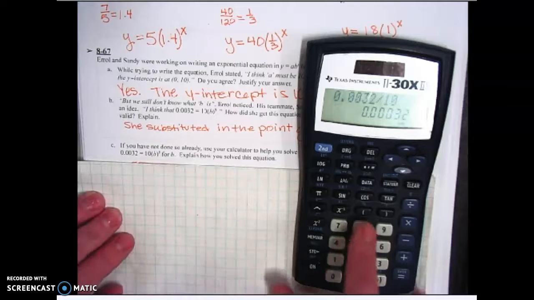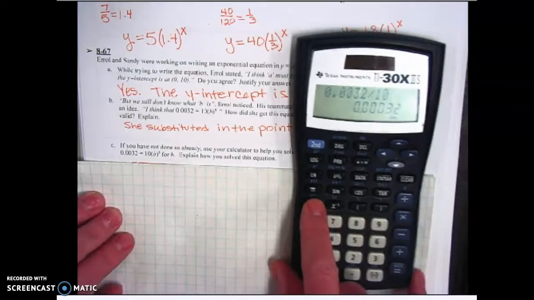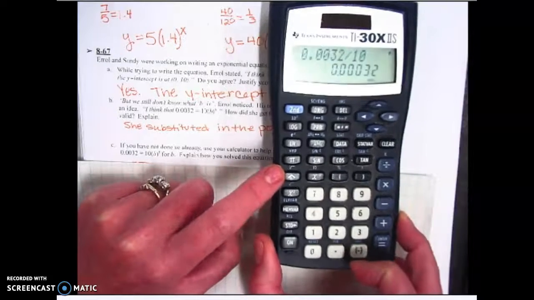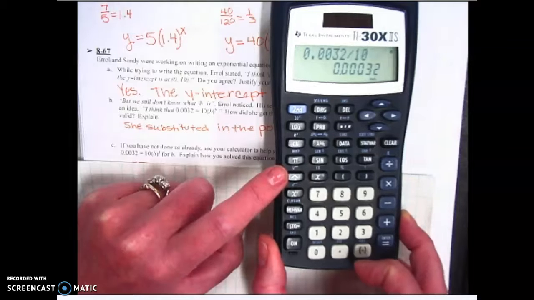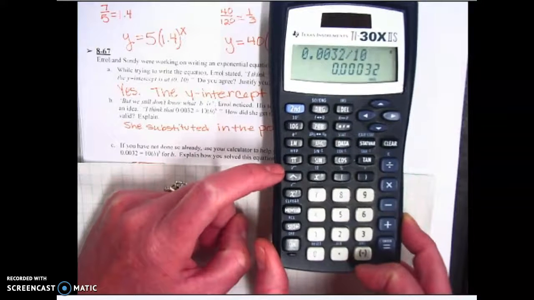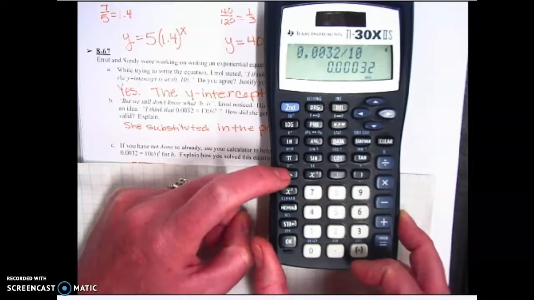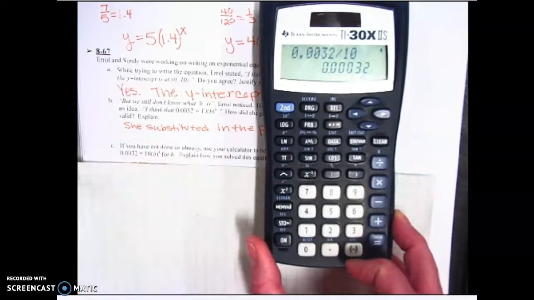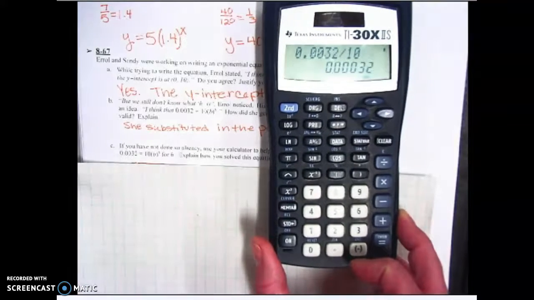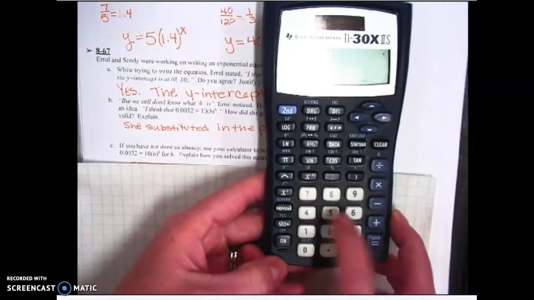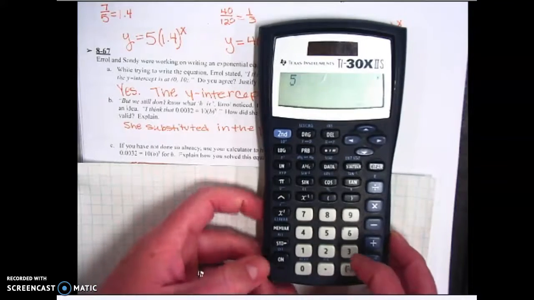Remember how I taught you how to use the caret button last week? Above that caret button, there's something called an X root. If you have a fancy scientific calculator, you're going to have this X root button, which is different than just a regular square root button. The square root button takes the 2nd root, but we want to take the 5th root, so you're going to type a 5 in first.